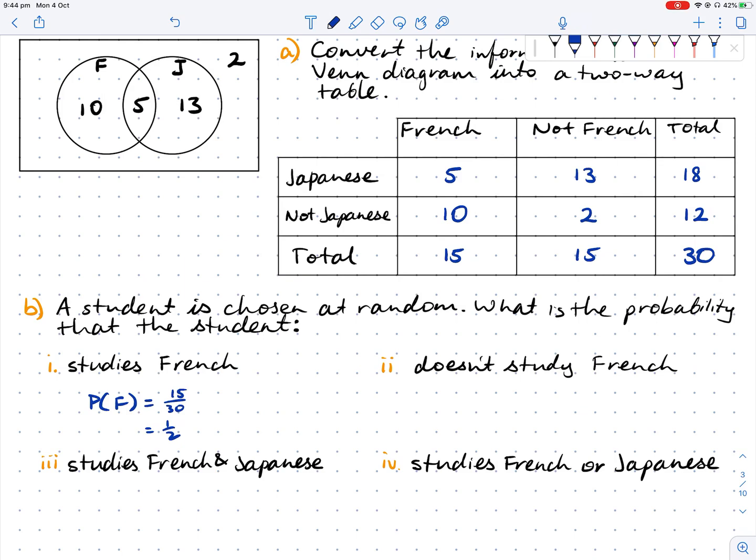Part 2, what is the probability that the person doesn't study French? Remember the word doesn't means that we want to find a complement, but we can already see half of the people study French, so the probability of not F, or we could write that as probability F with the line on top, is also a half.